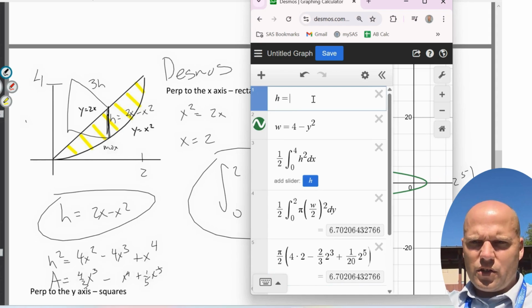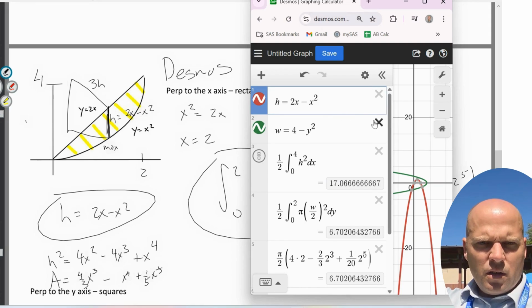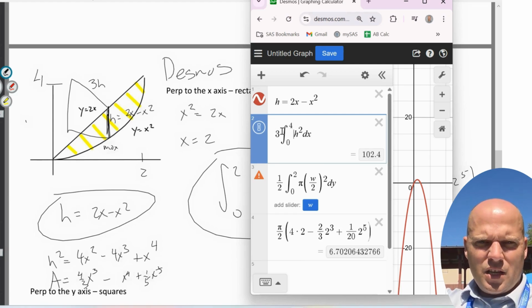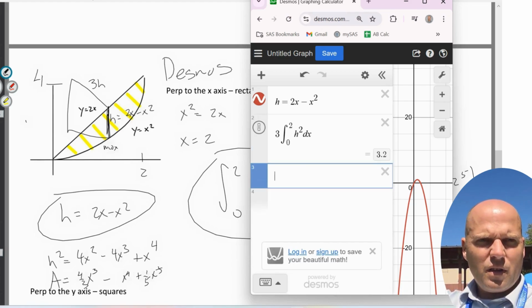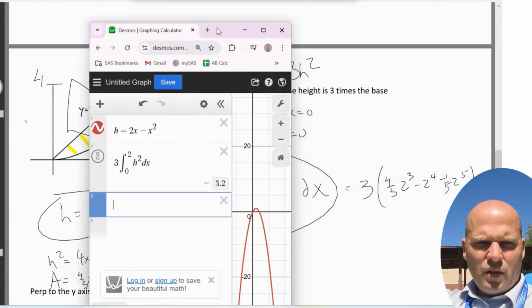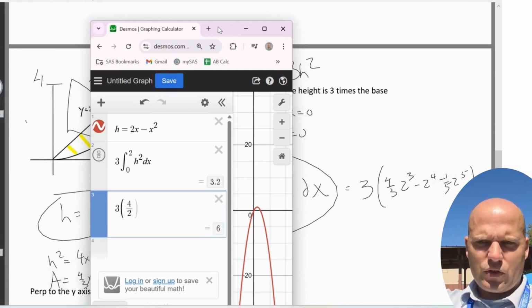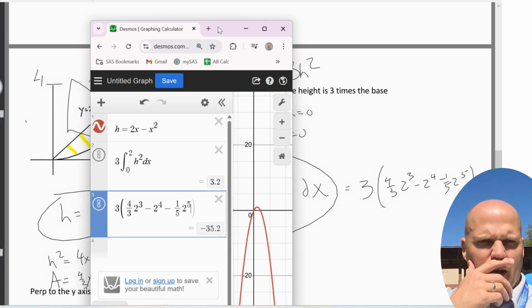My height was 2x minus x squared. I got 3 times the integral from 0 to 2 of h squared. And I think that's equivalent to 3 times 4/3 times 2 cubed minus 2 to the fourth plus 1/5 times 2 to the fifth. Uh-oh.